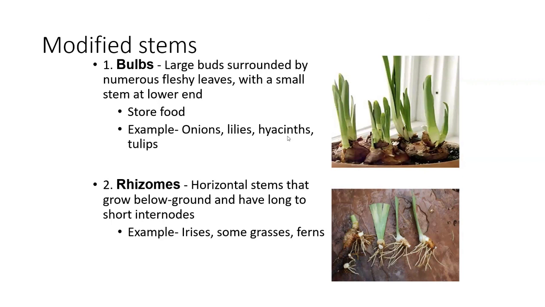For a rhizome, right here, I'm going to get my pointer. Okay, so right here, you've got these. These are your rhizomes. A lot of times, I often think of the plant agapanthus, if you're familiar with it. Agapanthus, these are the rhizomes, but a lot of times the rhizomes and the roots will be intermingled with each other.